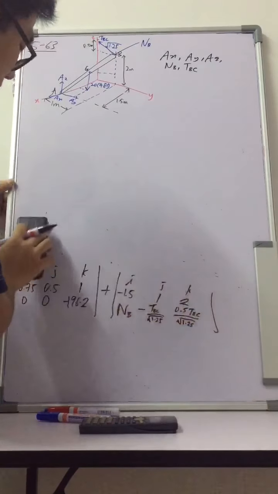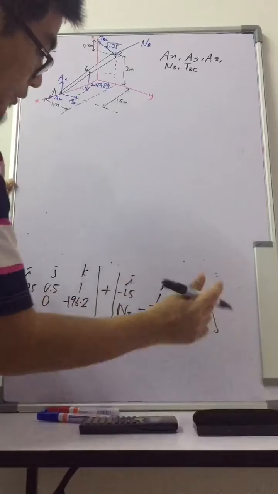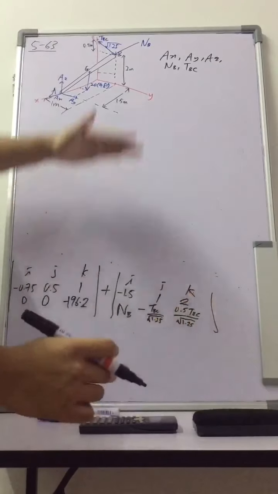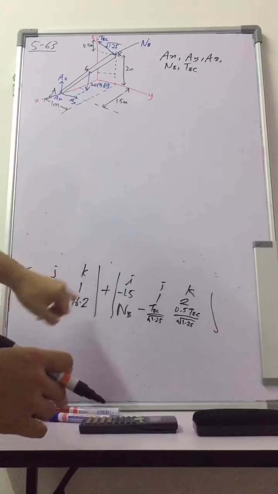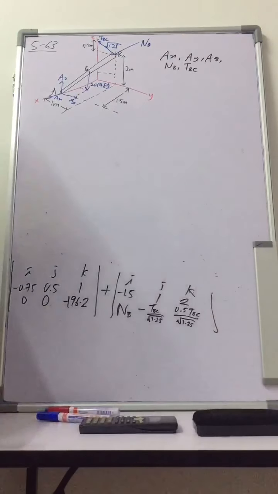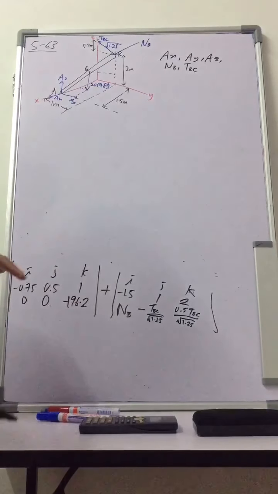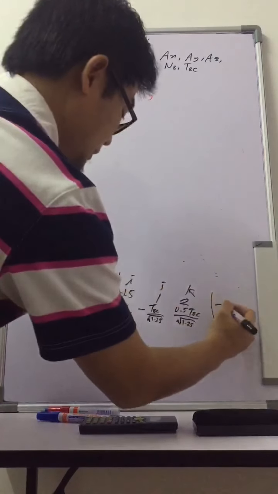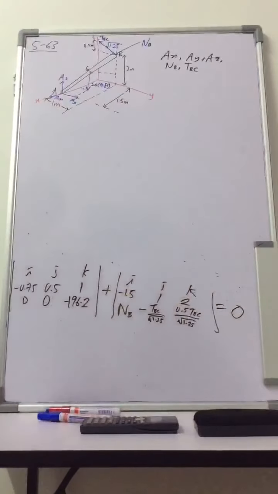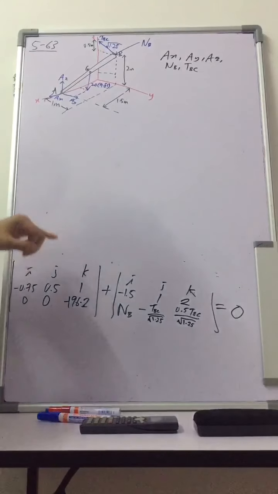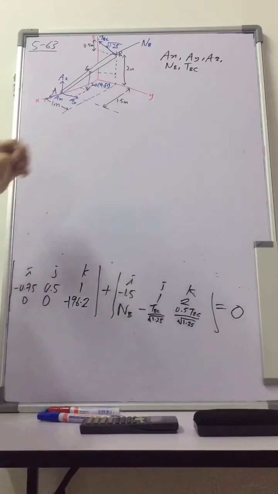Okay, so we go back up again. Based on this, we go back up. Okay. So what happened here? You can write the full I, J, and K, right? Sorry, equals to 0. Equals to 0. You can write the whole I, J, and K components.